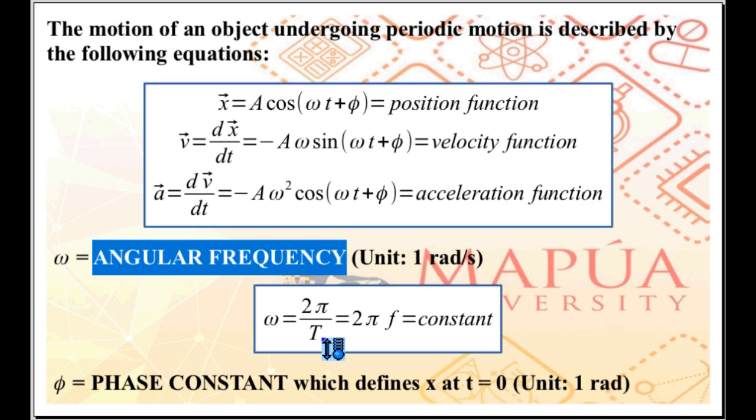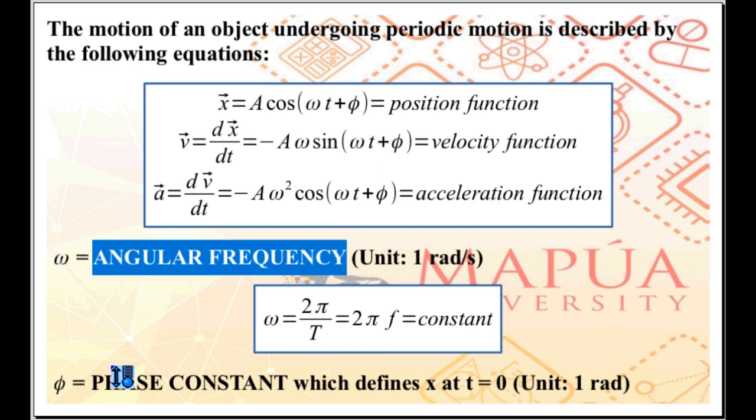And since the period is the inverse of frequency, angular frequency is also equal to 2 pi times frequency. And since period and frequency are constant for periodic motion, the angular frequency for periodic motion is also constant.